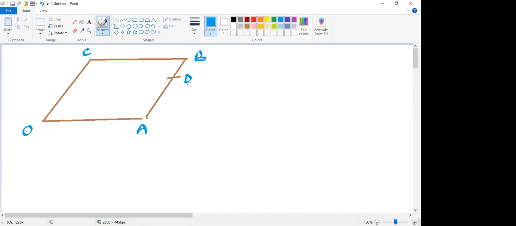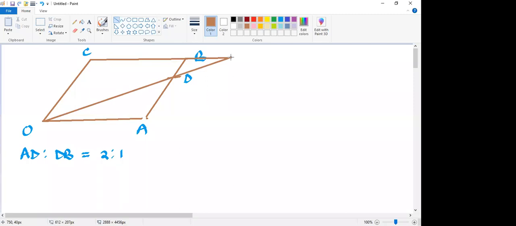Such that AD to DB this time is 2 to 1. Now OD is produced.